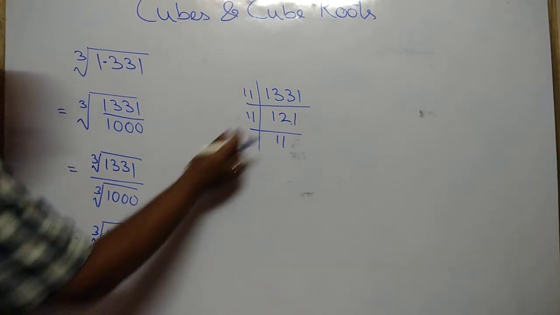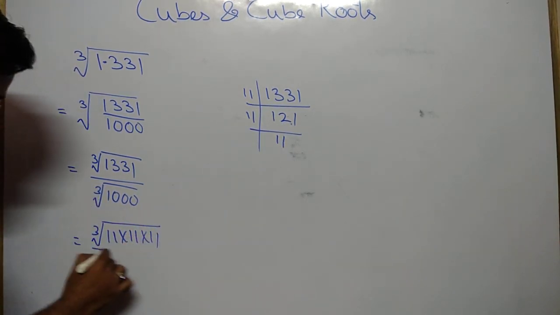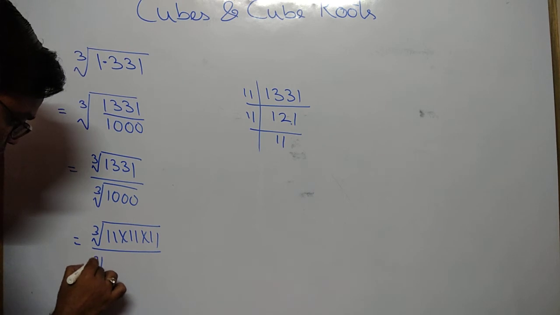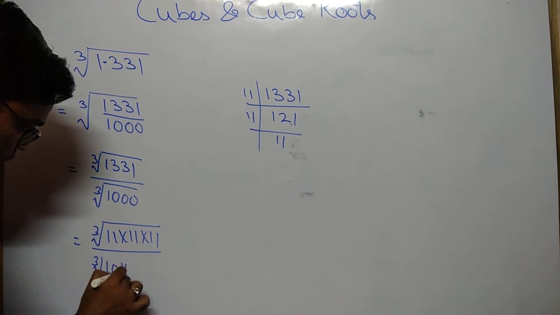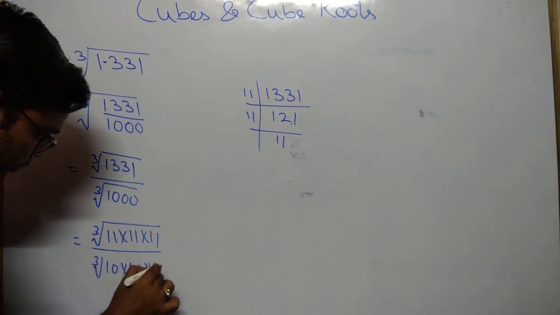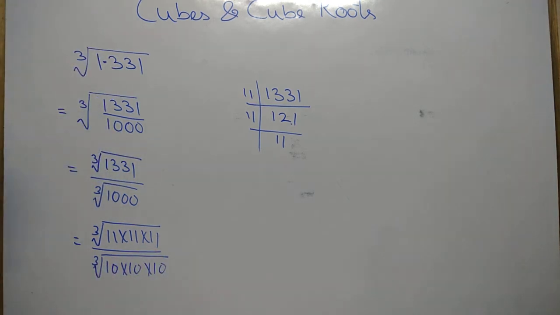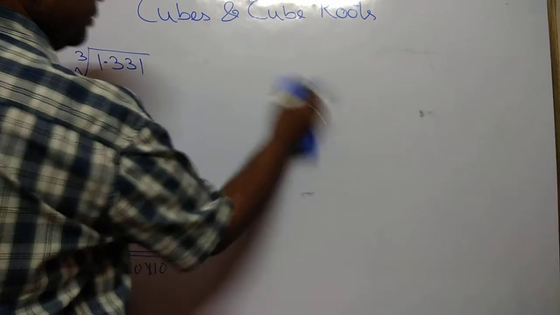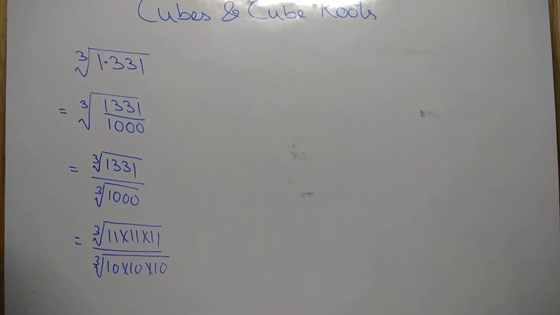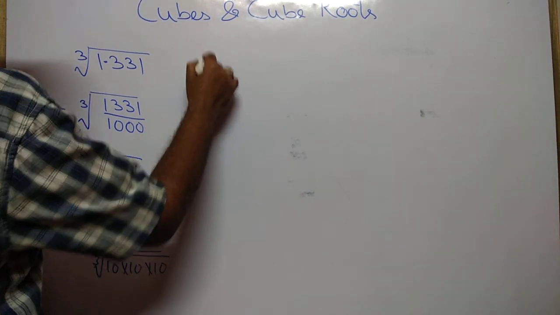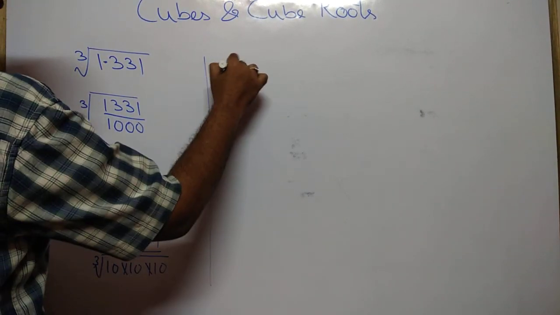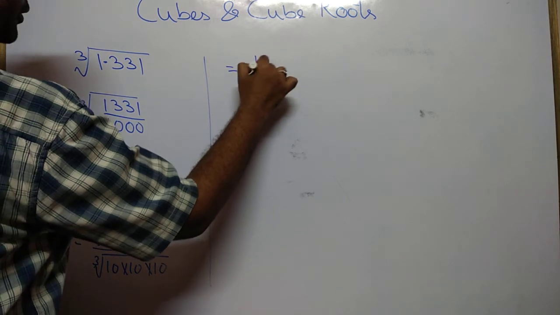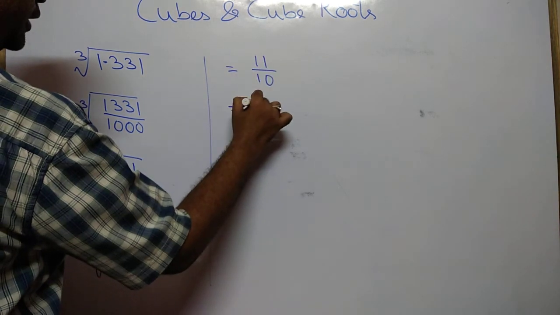We do all this on the rough side. Again, for 1000 we can write down 10 into 10 into 10. Hope this one is visible to you. Now ultimately we can say, let me write this, that it's 11 upon 10, or it's 1.1.